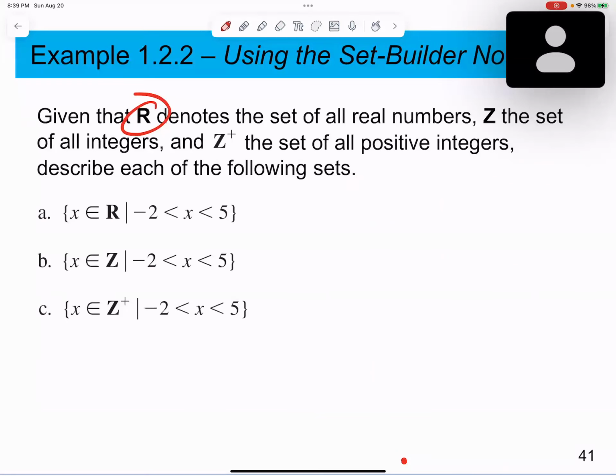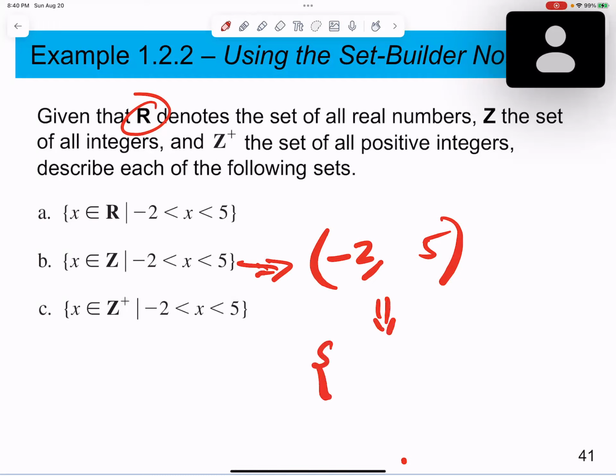For this second one here, it's still an open interval of integers. But this time around, we can list all the members completely. And this will give you -1, 0, 1, 2, 3, 4.